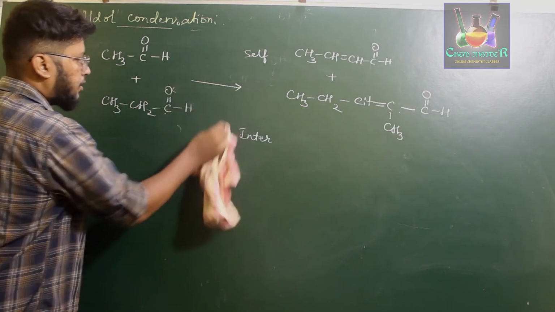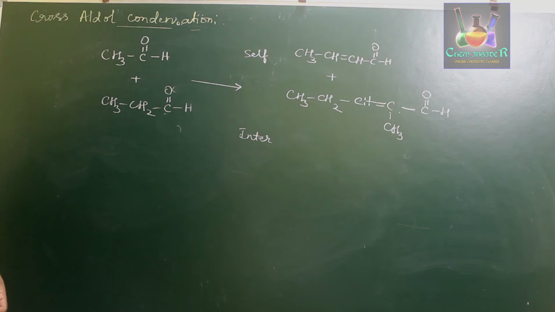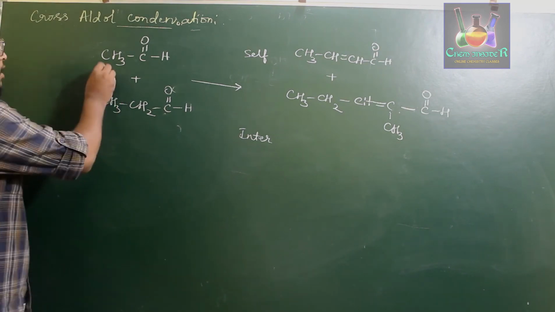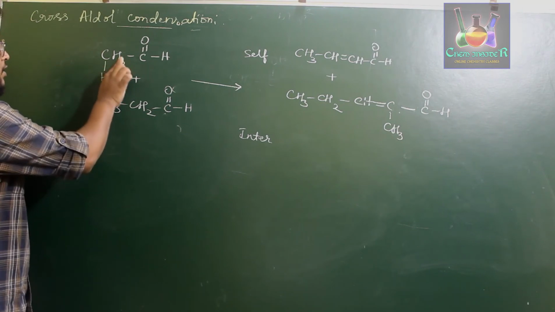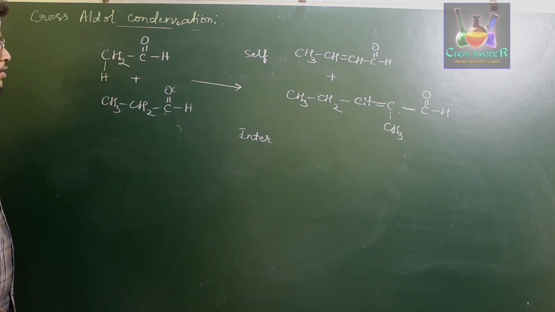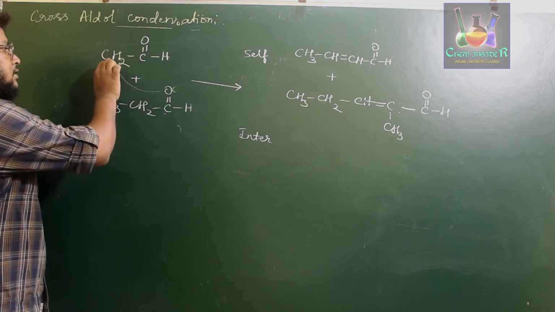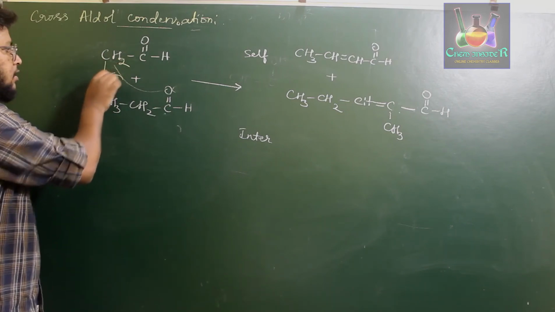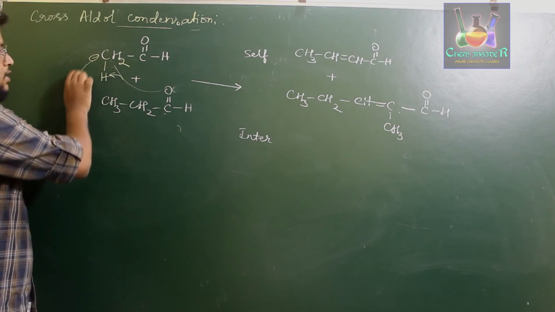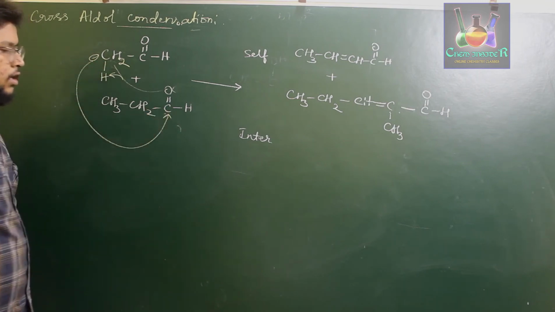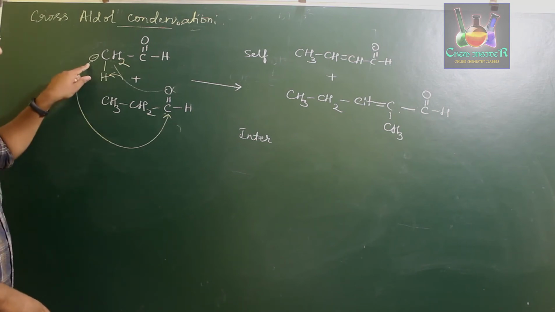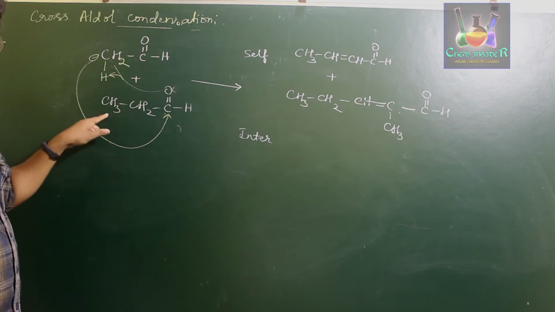Next, for the third product, we are considering the alpha hydrogen of ethanal. So here I am considering the alpha hydrogen of ethanal. This lone pair of electrons attacks this carbon, that means it takes the proton away from here, and this carbon minus charge attacks this particular carbonyl carbon. Okay. So now first you need to write this down.